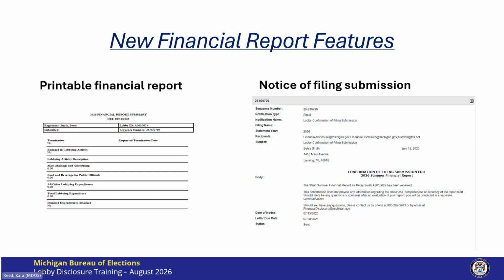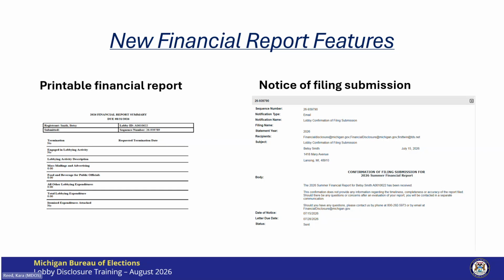So on this screen are 2 new features that are available to you for the summer 2026 financial report. First, when you submit a financial report via MiTN, you will now receive a confirmation of filing submission. We know that this was something that was wanted and requested by many filers, so we were able to get it created.